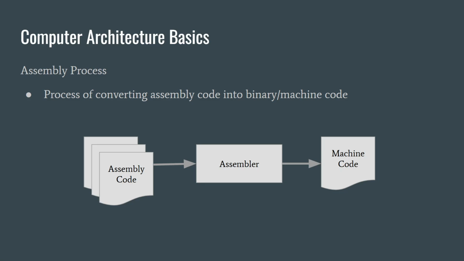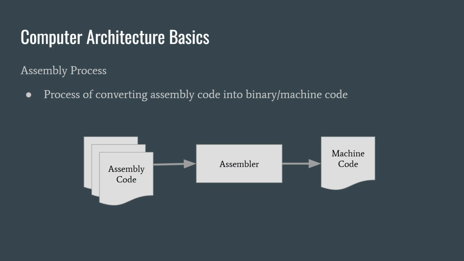The machine is not reading the typed out instructions. It's reading what's called machine code. And that's taking the typed assembly and converting it into a set of binary information that it can understand. The tool in the middle that does that is called the assembler. So the assembler takes assembly code and converts it to machine code.